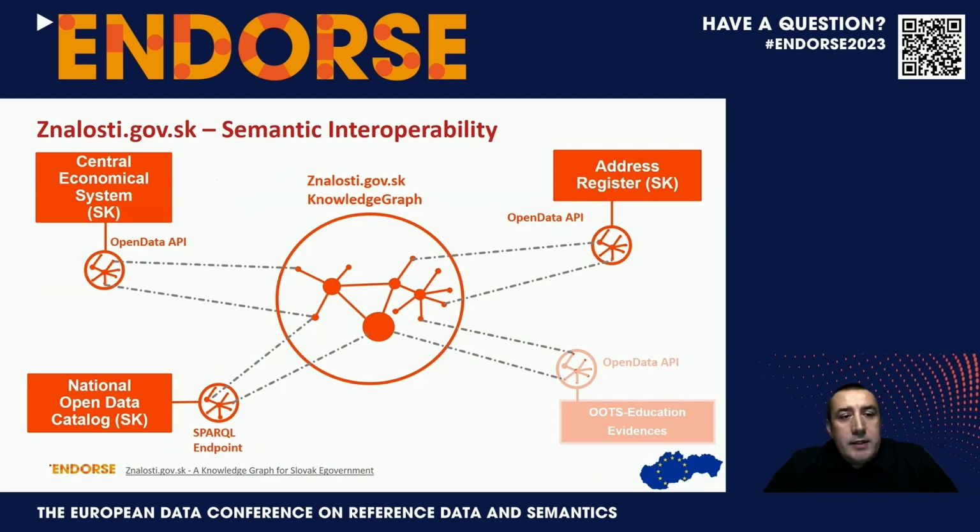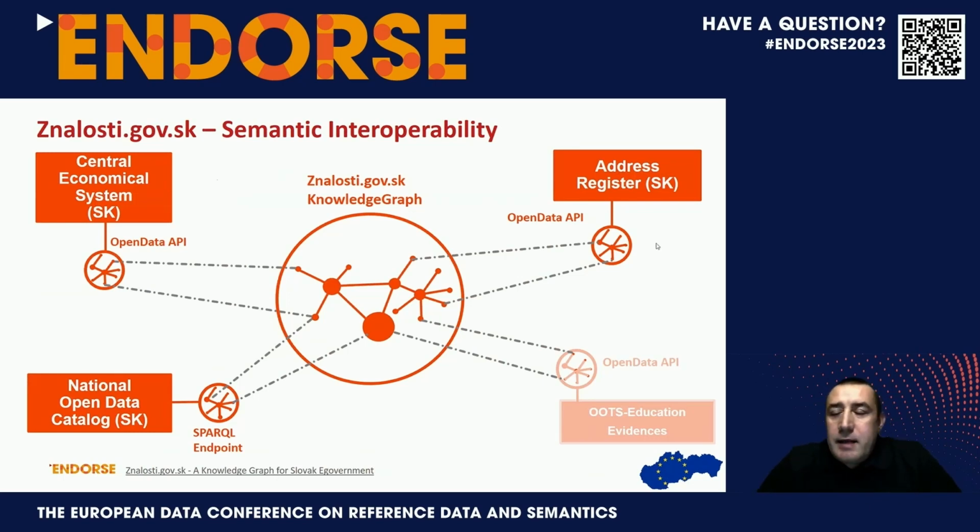And the mentioned information systems like the Central Economic System provide an open data API that returns RDF, like orders, invoices, and other things represented as RDF and using ontologies which are located in the knowledge graph.